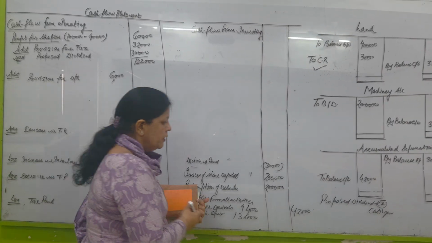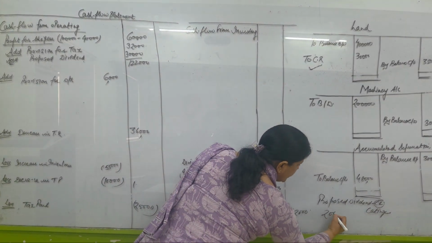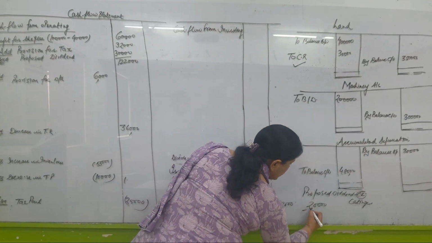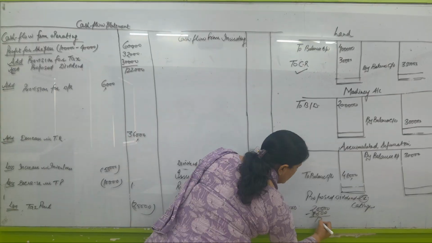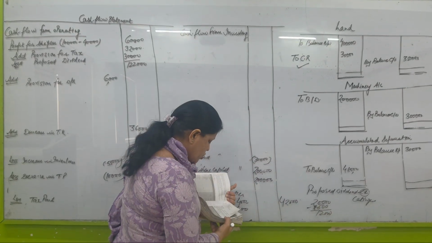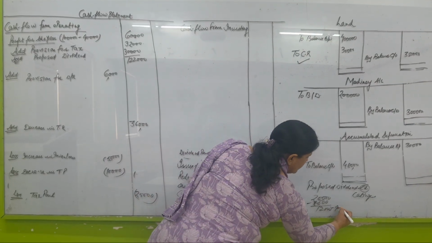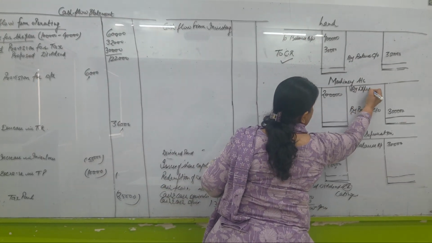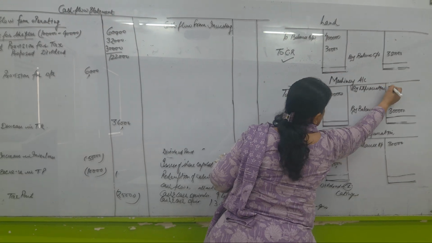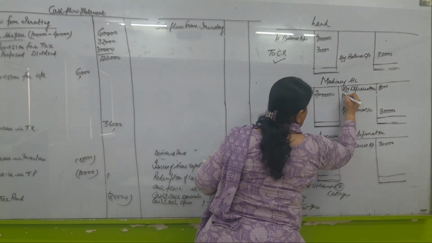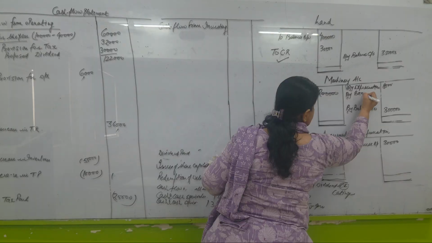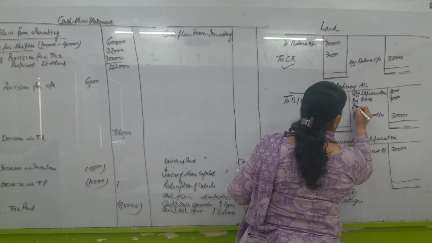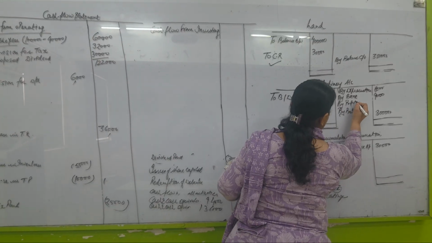Next point, machinery costing rupees 20,000. Accumulated depreciation is given 8,000, 12,000, and this is sold for 9,000. By depreciation, by bank means sale, by profit and loss, 3,000.